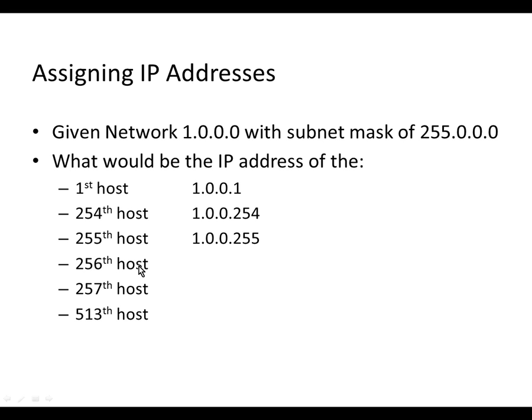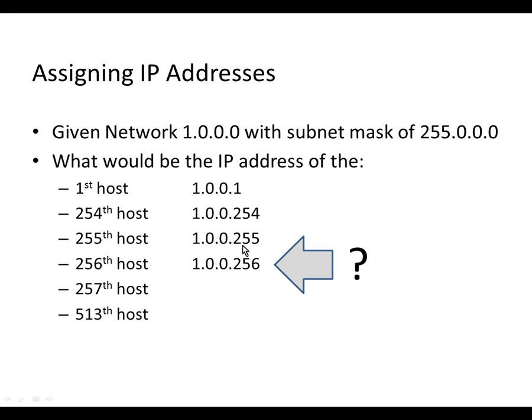Okay, here's where it gets tricky. Would you assign the 256th computer an IP address of 1.0.0.256? It makes sense, but you couldn't, because there are only 8 bits in an octet. And when all 8 bits are set to 1, it's 255. So how do you represent the next value higher than 255?